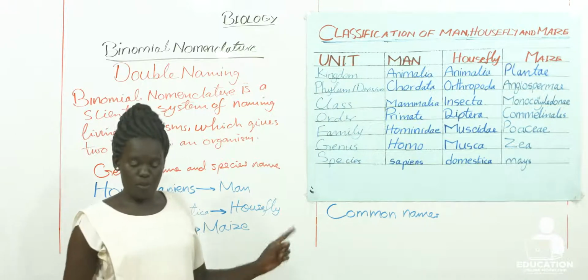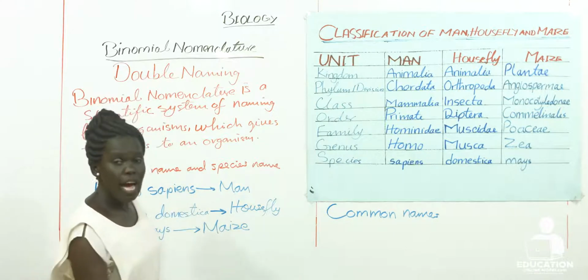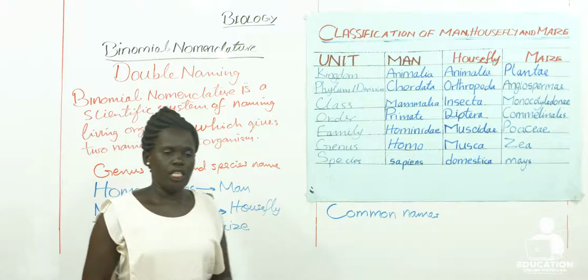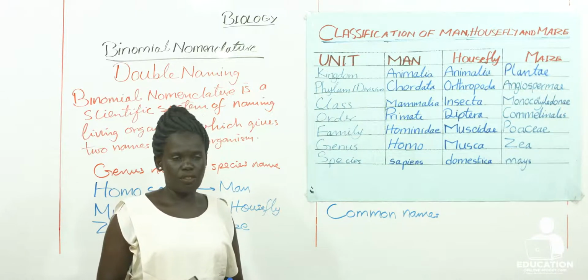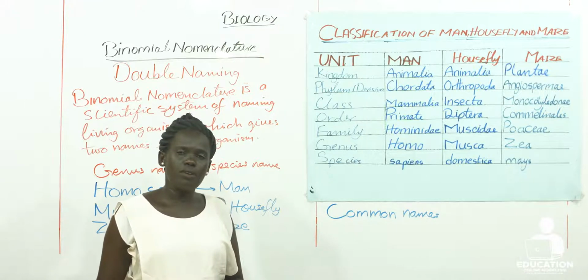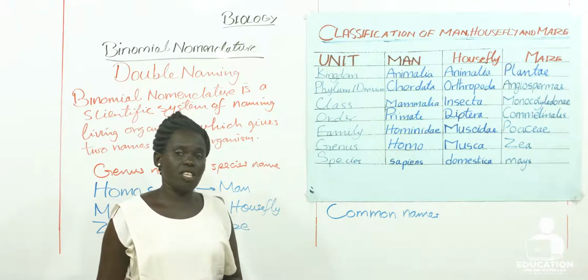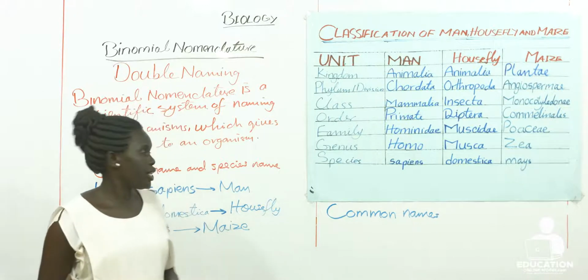This system of double naming was developed by a biologist known as Carolus Linnaeus, and he was the first to develop the advanced classification of living organisms. That was in the 18th century.